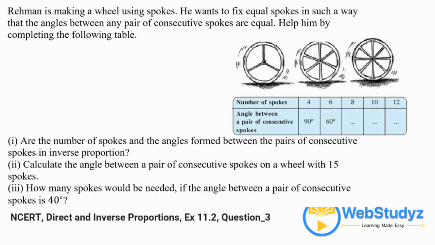So we have calculated the answer for all of the questions and completed the table.